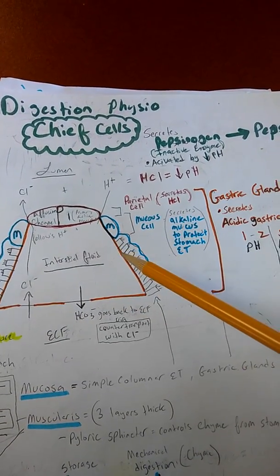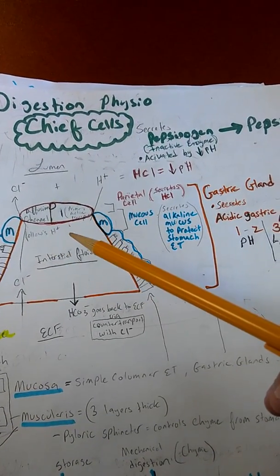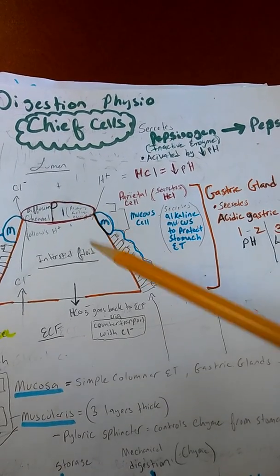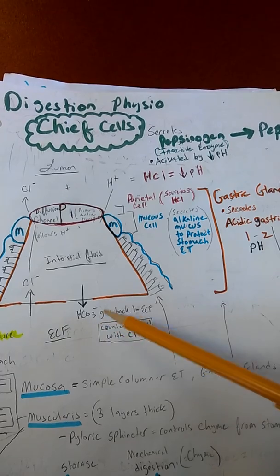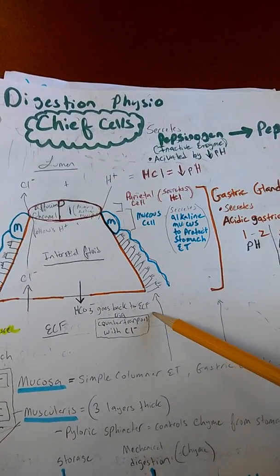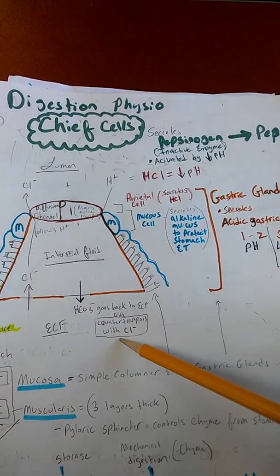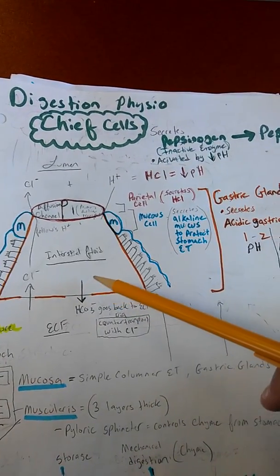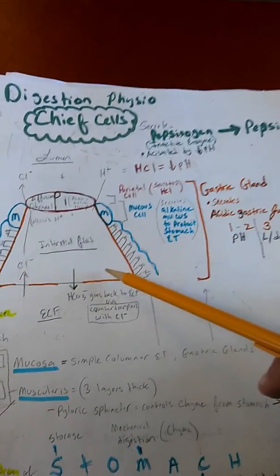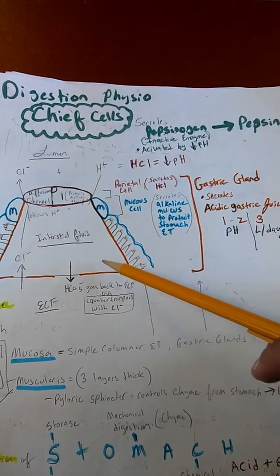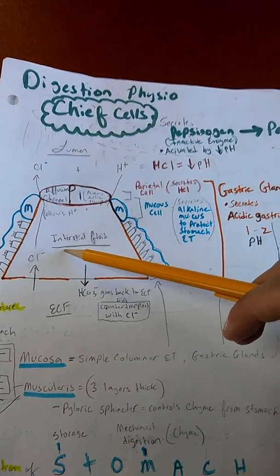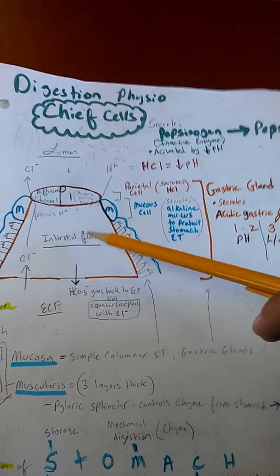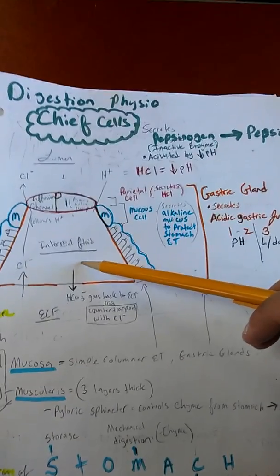In order to secrete acid, what needs to occur first is that the bicarbonate needs to go back to the ECF via counter transport with chlorine. So the bicarbonate that was originally in the interstitial fluid needs to, via counter transport, switch with chlorine. So now we have a bunch of chlorine inside the interstitial fluid.